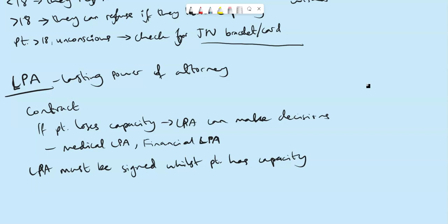So let's say a patient has got a new diagnosis of dementia. They have some short-term memory problems, but generally they're okay. They can assign a lasting power of attorney because they know long-term they're going to completely lose their ability to make decisions. They can assign it to one of their children, for example. However, if they didn't have capacity, then they can't put the LPA in. So it must be done whilst the patient has capacity.